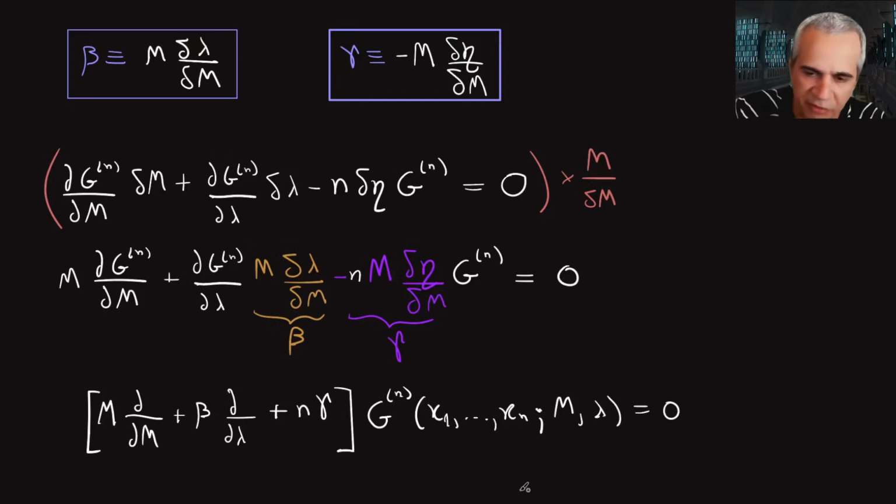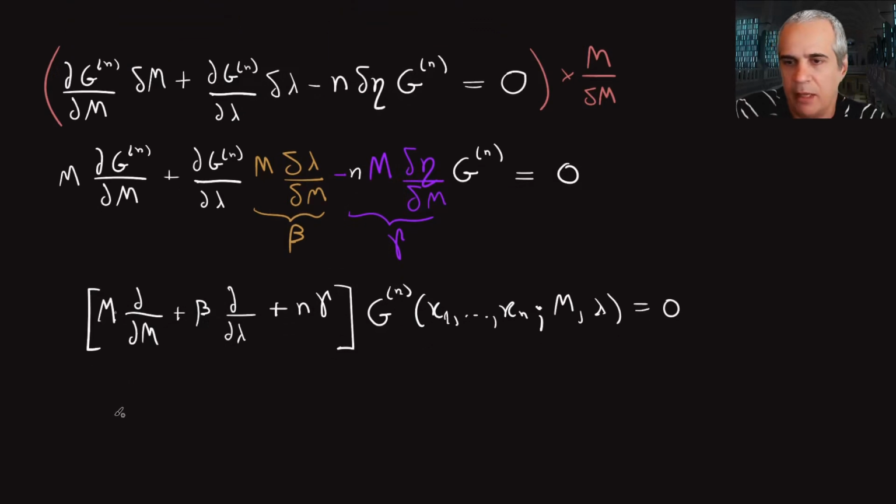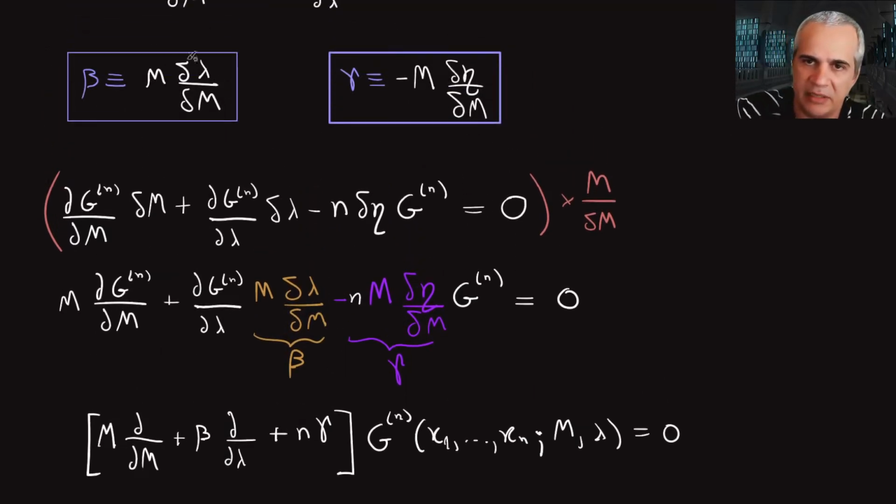Now we can do some thinking on beta and gamma. You can see that my definition of beta and gamma is totally independent of n. I could do this equation, everything I did up to this point, for any n-point Green function in this theory.